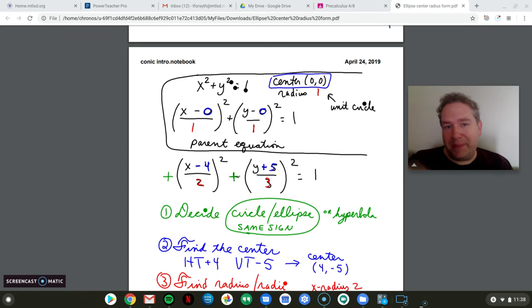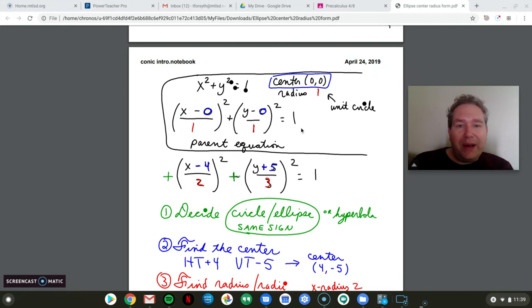Something minus 0 divided by 1 is the same thing back, okay? Well, these subtractions and additions are the translations which describe the center. And the divisions or multiplications, as always, describe the dilation, which is the radius, okay?